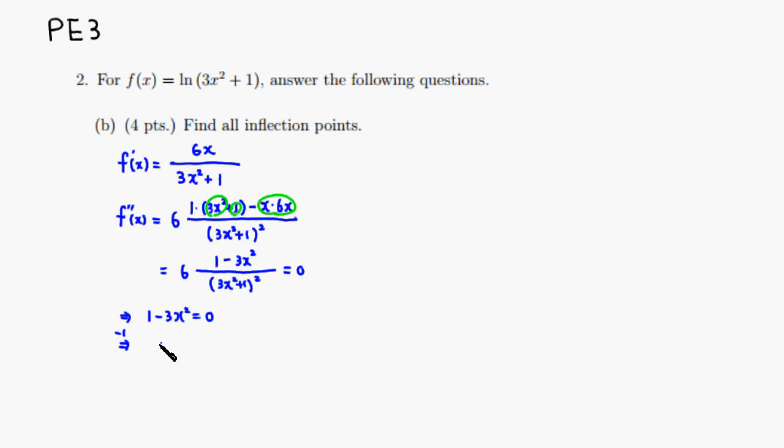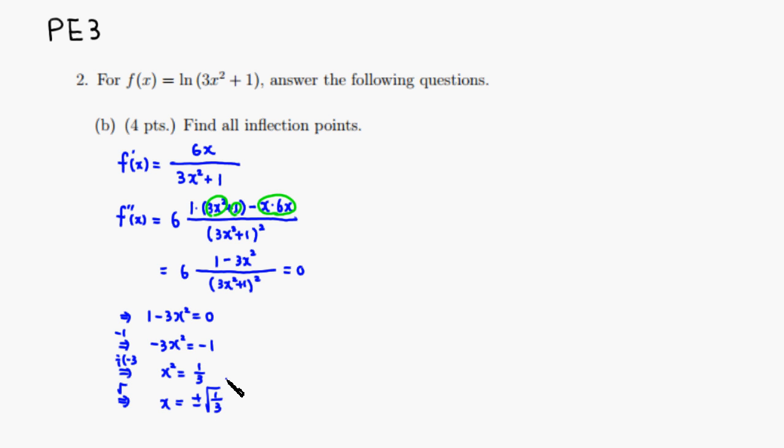Subtract 1 from both sides, so negative 3x squared is equal to negative 1, and then divide through by negative 3, so the negatives cancel out and x squared is equal to 1/3. Then we take the square root of both sides to get x equal to plus or minus square root of 1/3.